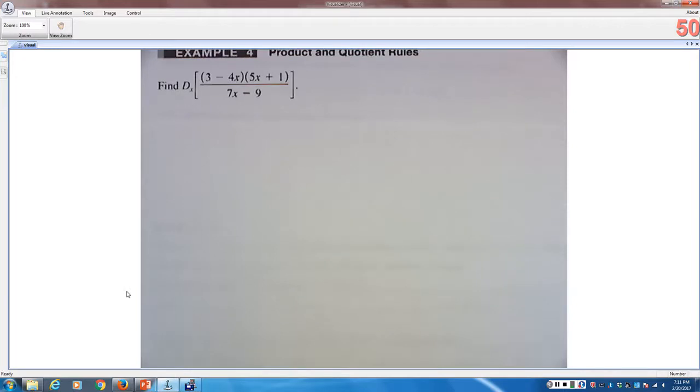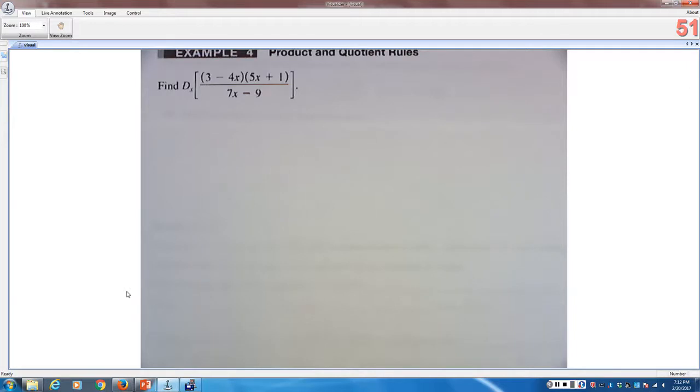We want to take the derivative of 3 minus 4x times 5x plus 1 in the numerator over 7x minus 9 in the denominator. And the numerator in this case is a product, so when we get the derivative of the numerator, we're going to have to use product rule.